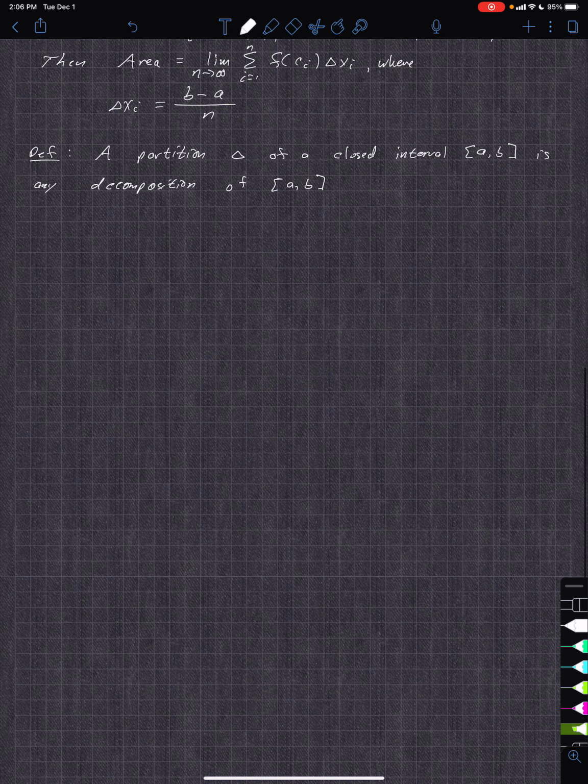And there's reasons we do this. I'll explain that as we get there. But we take any decomposition of ab into the form that will look like this. You take the left endpoint, x naught to x sub 1.